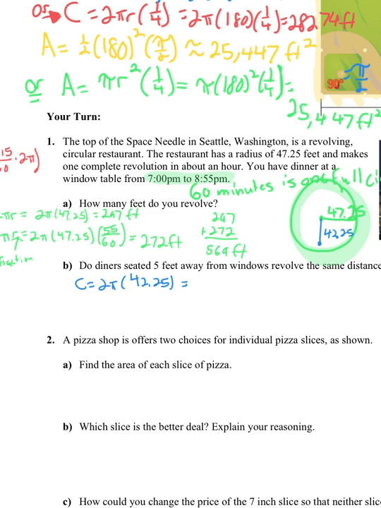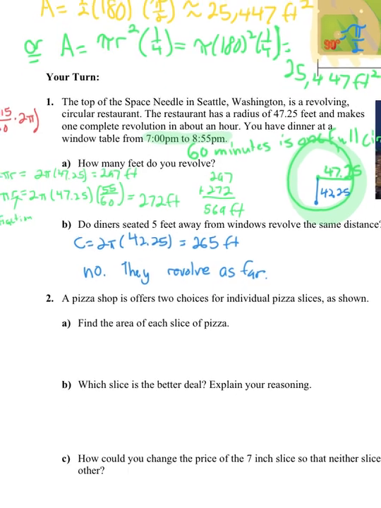And I end up getting 265 feet. So the answer is no, they do not revolve as far, which makes sense. There's a smaller radius, and that's going to directly relate to how far they're traveling around the arc. Okay.